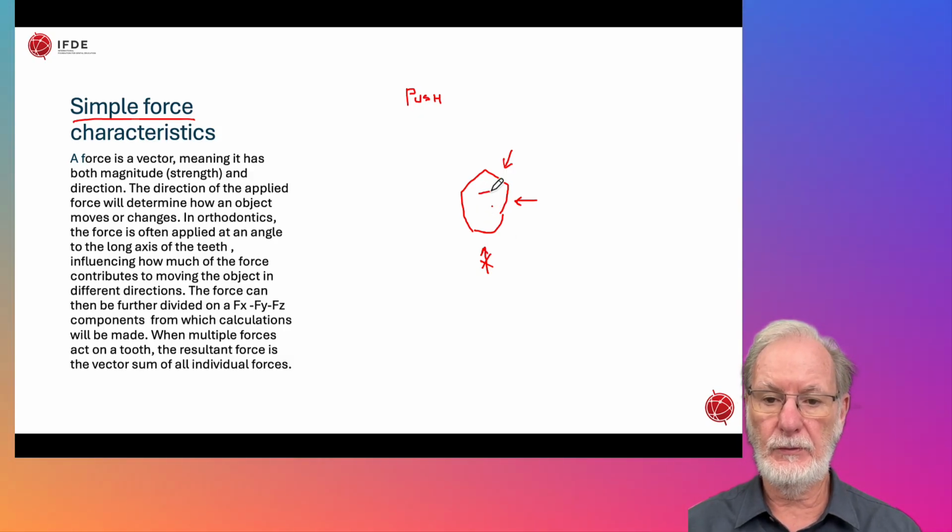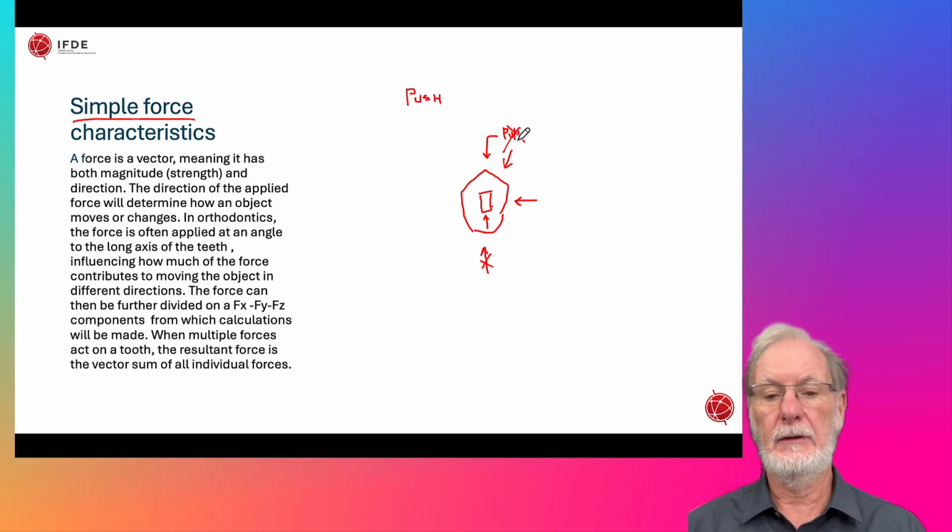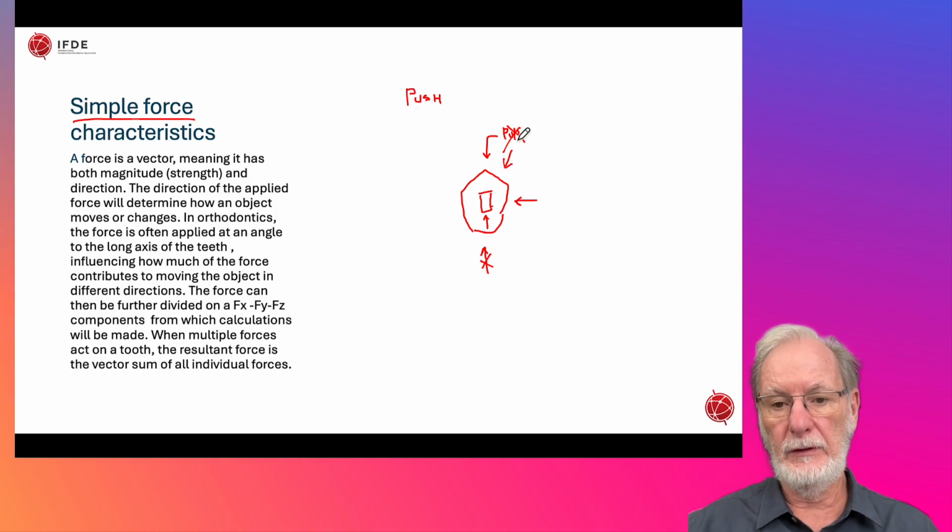So if you had an attachment, then you will be able to push on the tooth, which will be translated in orthodontic fixed appliances to a pull. So remember that there is no pull in aligner treatment, only push.